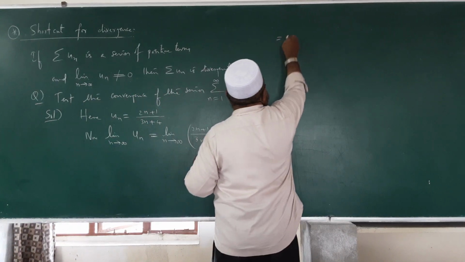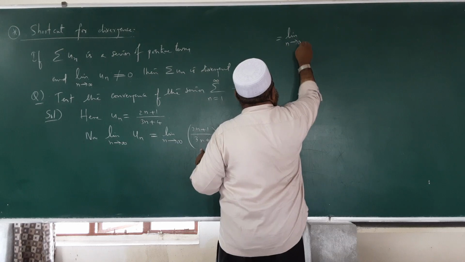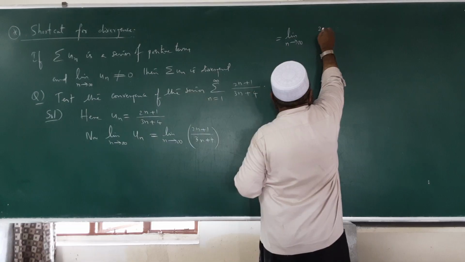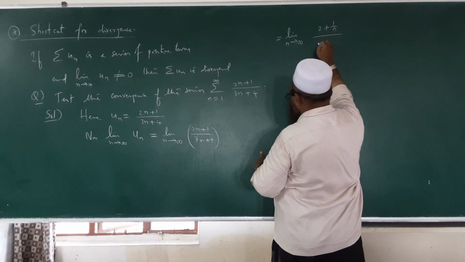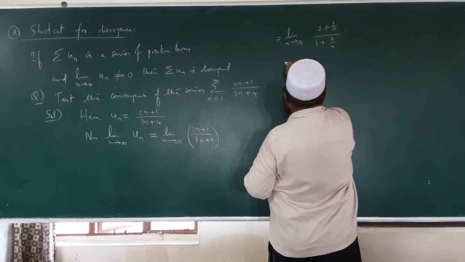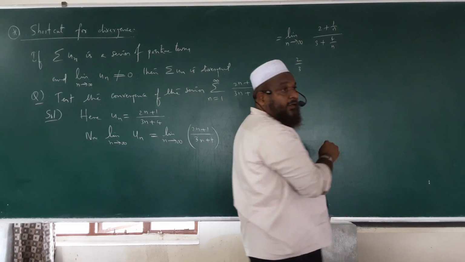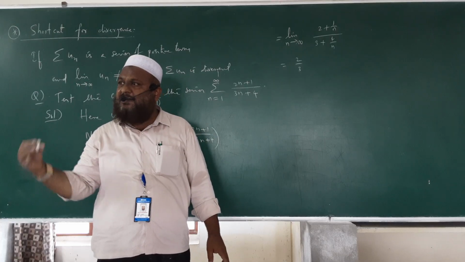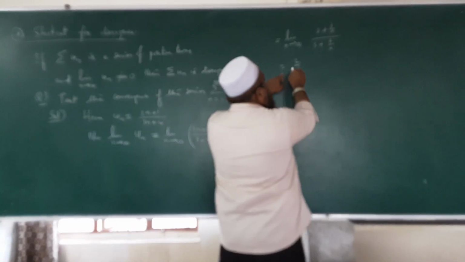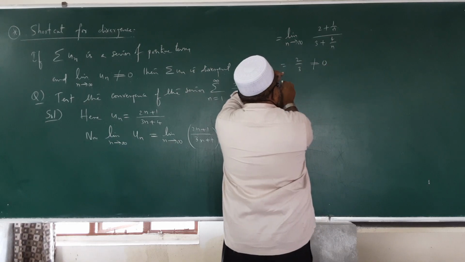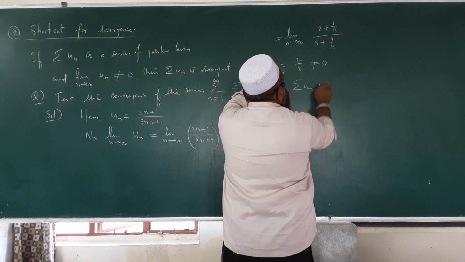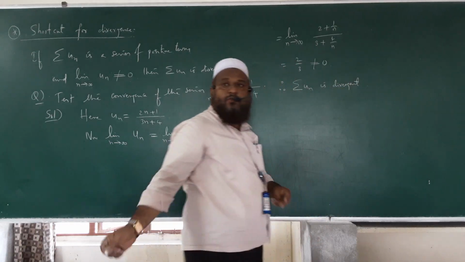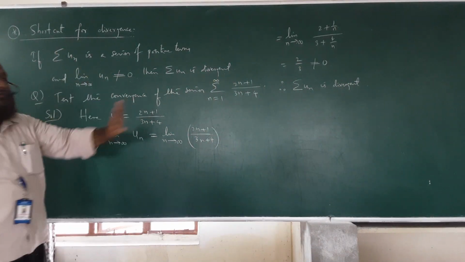So that is equal to 2 plus 1 by n divided by 3 plus 4 by n, which tends to 2 by 3, not equal to 0. Therefore sigma un is divergent. Over. I hope you are all clear about this shortcut for divergence.